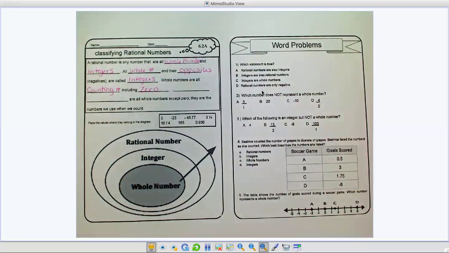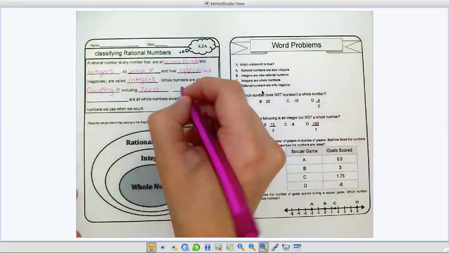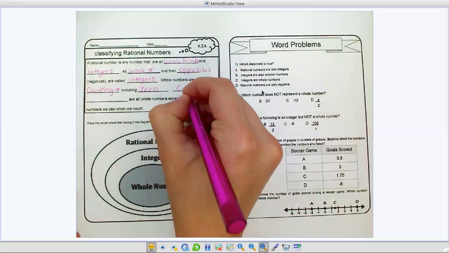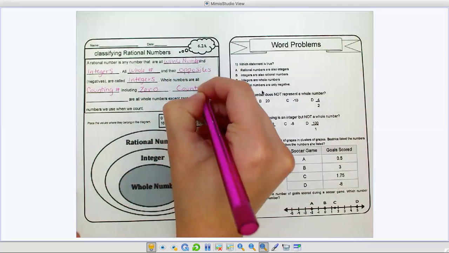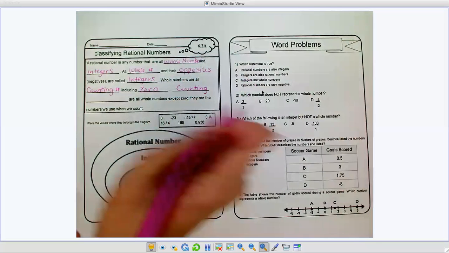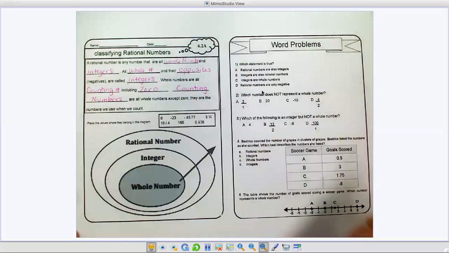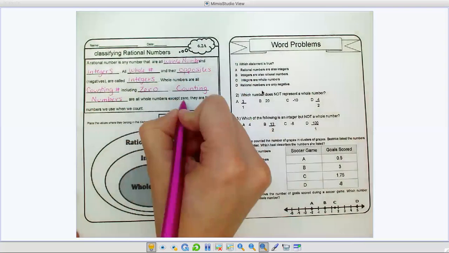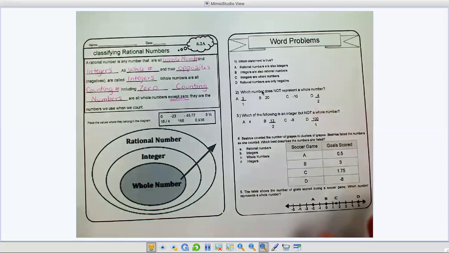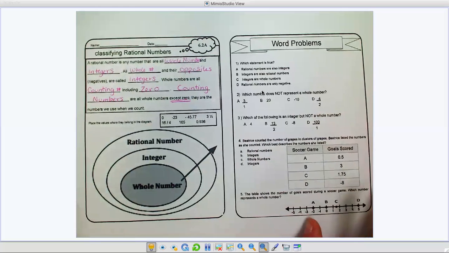The difference here is that counting numbers are all whole numbers except 0. They are numbers we use to count.